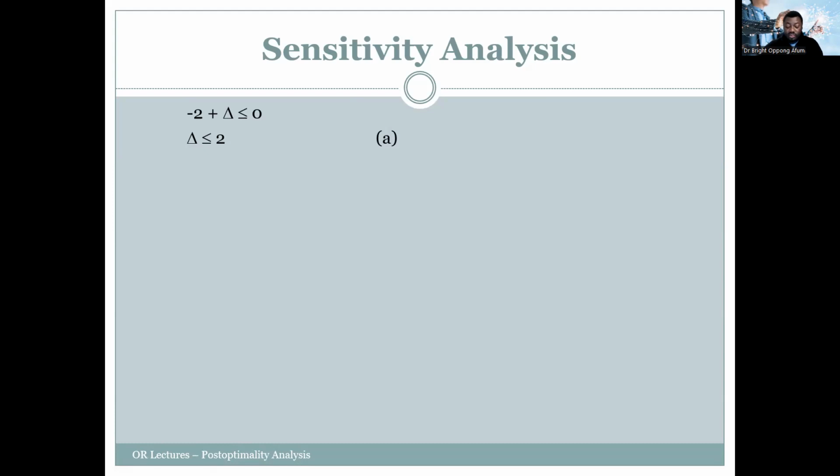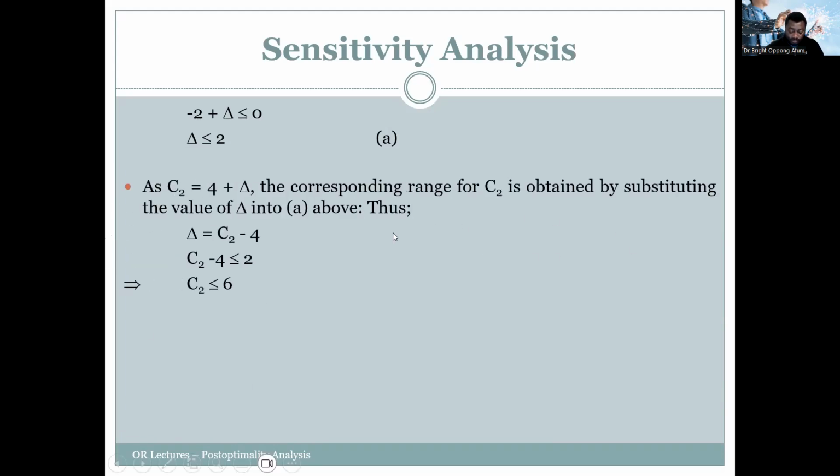-2 plus that is less than or equal to 0, therefore the change should be less than or equal to 0. So as C2, we say C2 is equal to 4 plus the change.